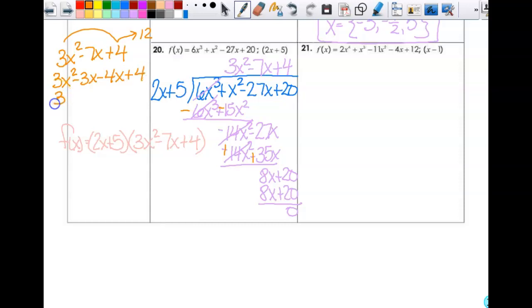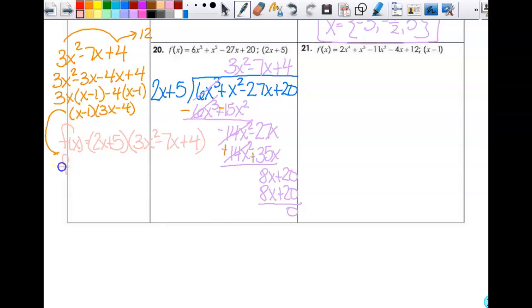So then 3x times x minus 1, and then negative 4 times x minus 1. So I end up with x minus 1 times 3x minus 4, right? Then I'm going to take that and put that in right here.